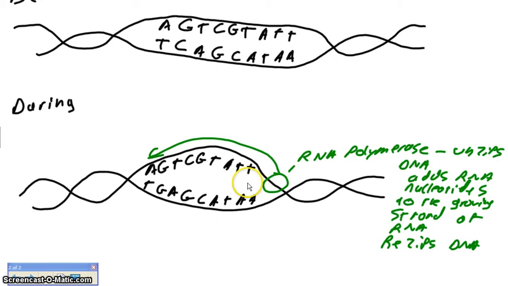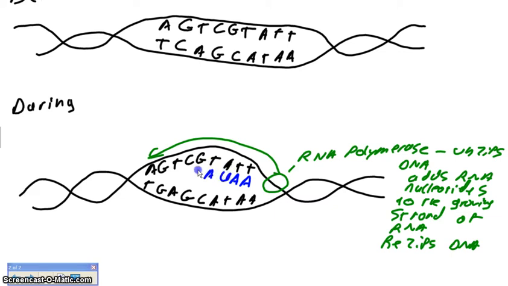Because we don't have a T, because we have a U, our RNA is not going to be this exact same sequence as the complementary base pair. So T usually pairs with A, so we're going to have an A nucleotide right here. Again, T usually pairs with A. Now, A in DNA usually pairs with T, but RNA doesn't have a T, it has a U. So instead, this A doesn't pair with T, but pairs with U.